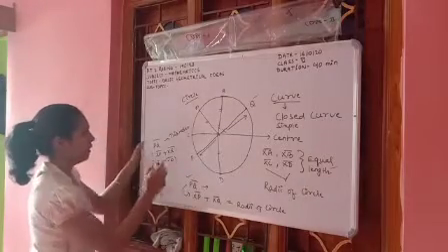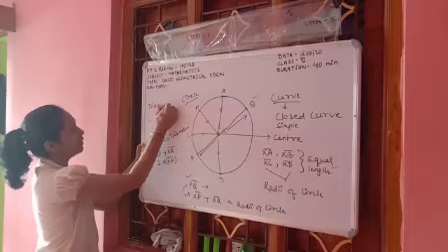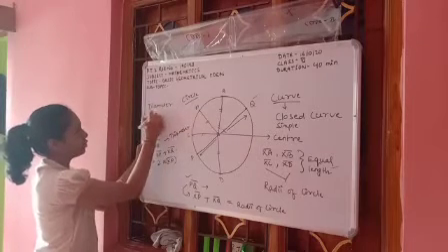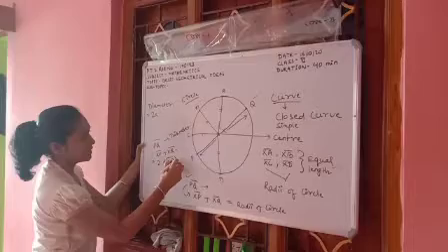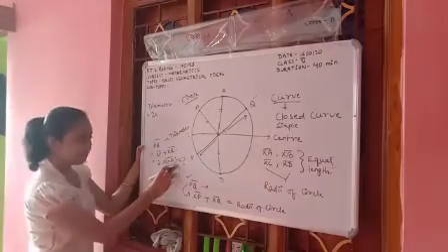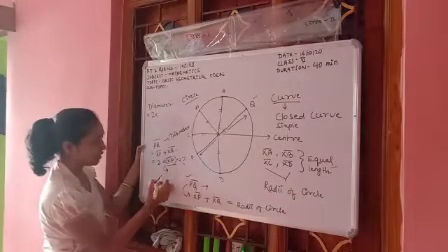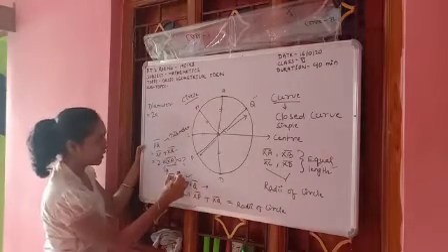See, a diameter is always equal to 2 into XP, each radius of the circle.